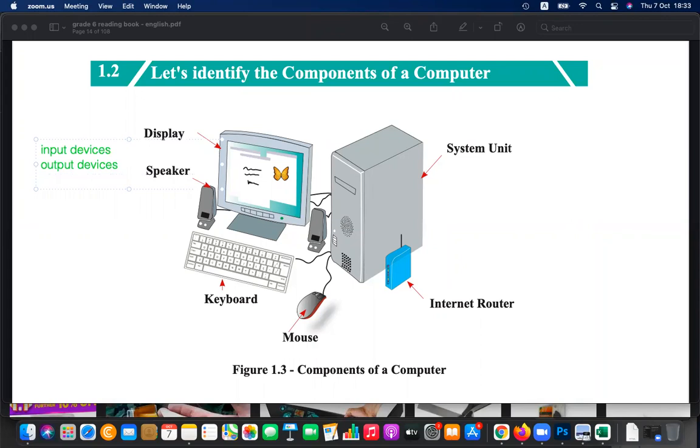Input devices, output devices. Then what else? Main memory. Those are called memory devices. We can call it memory. Input devices, output devices, memory. Anything else?